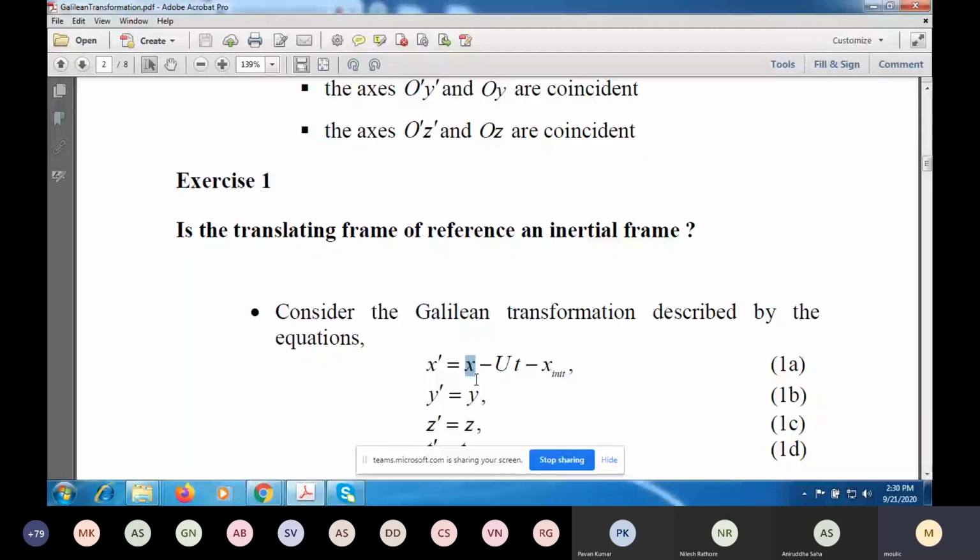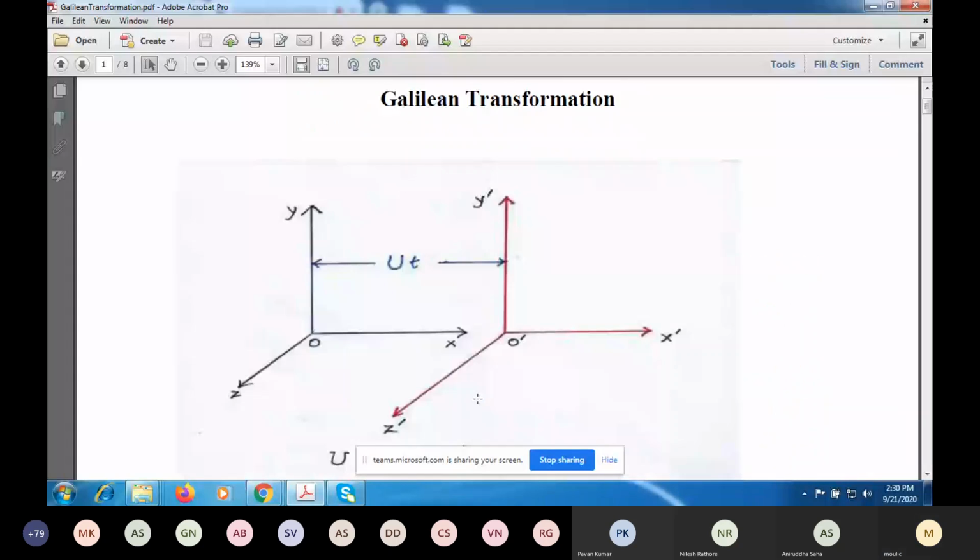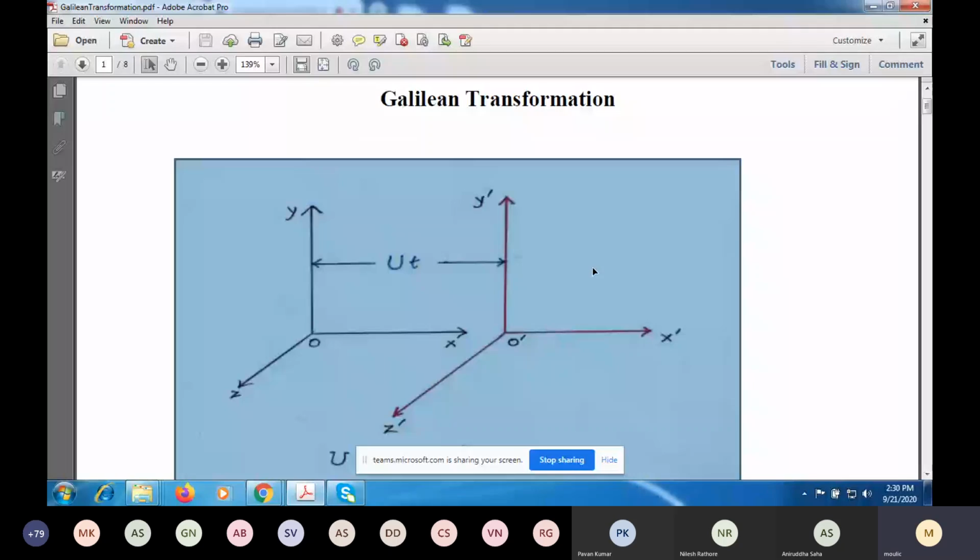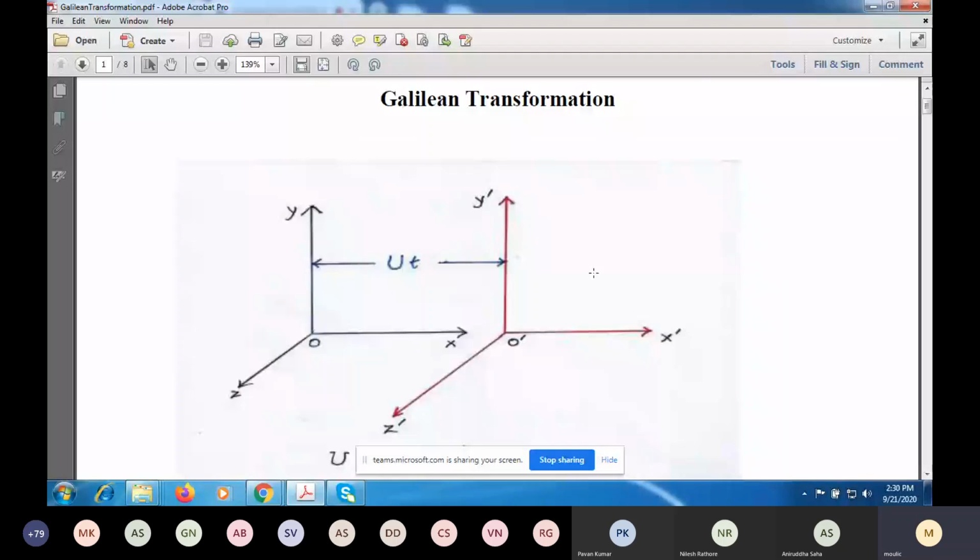Now, which is larger, you tell me. If I have a point somewhere here, which is larger, x or x prime?